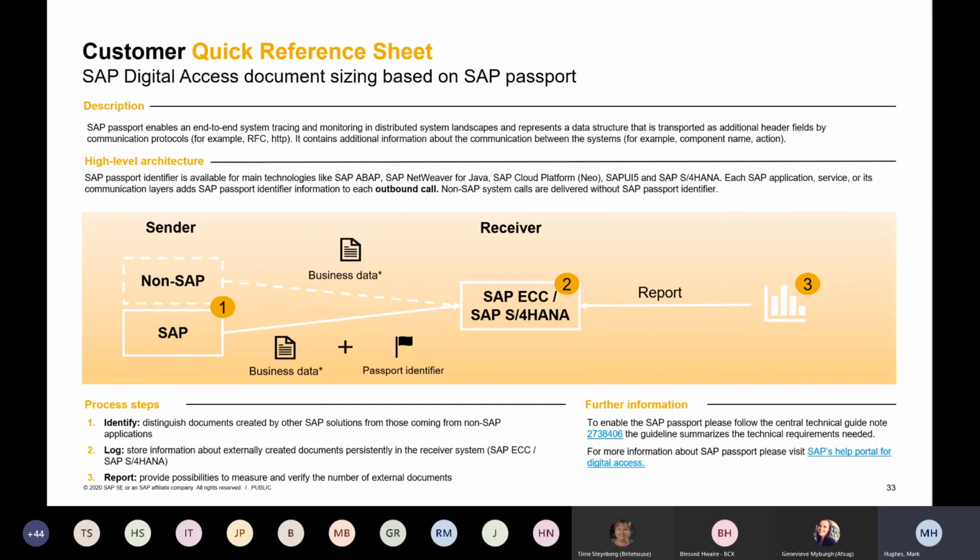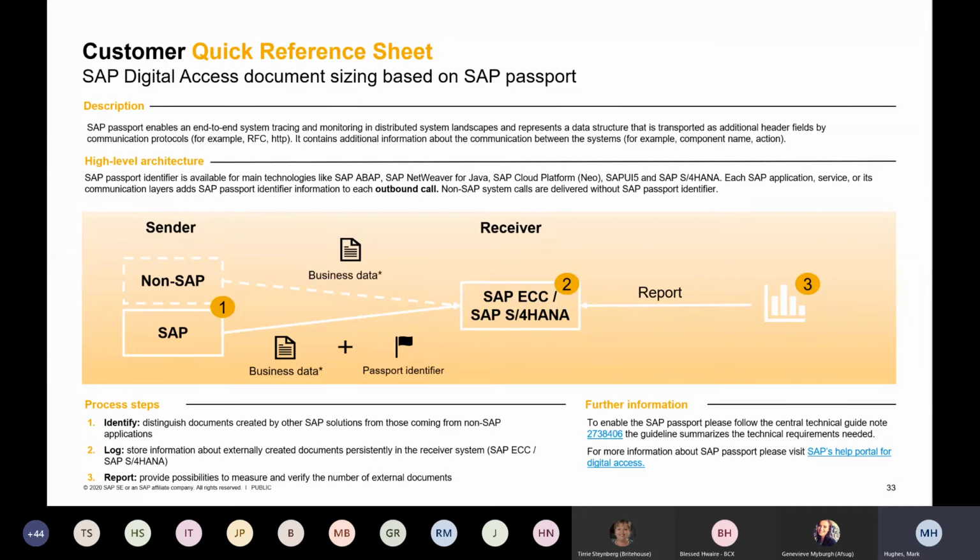This is another wordy reference sheet, but I guess the crux is in the graphic. Step 1 is you have your sender systems. Step 2, you have your digital core, either ECC or S/4HANA, as the receiver. And the inbound transactions around these 9 document types will either come in with or without this SAP Passport embedded in the header.